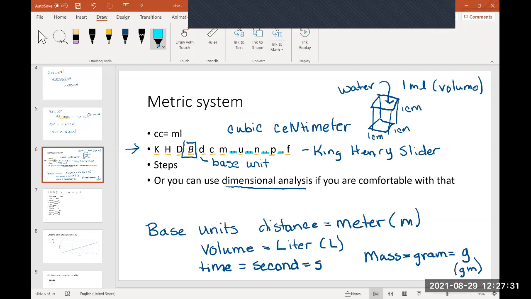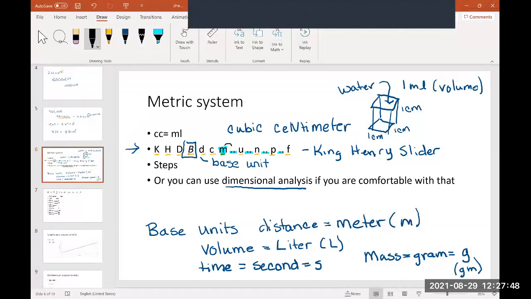However, after milli, the next unit is micro, and the symbol mu is the symbol for micro. It's a U.